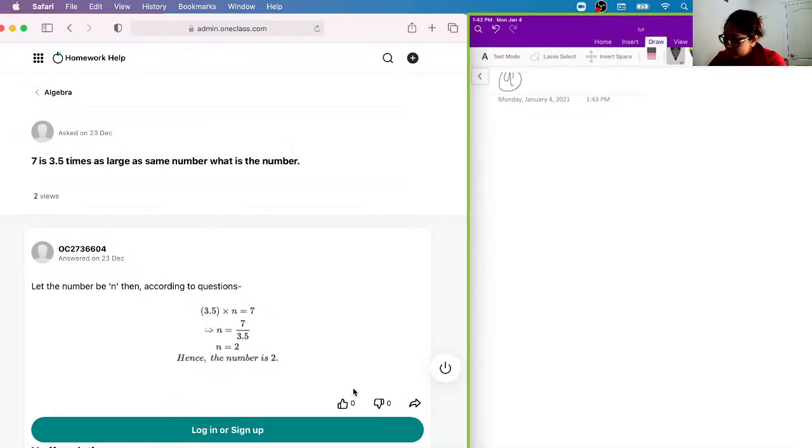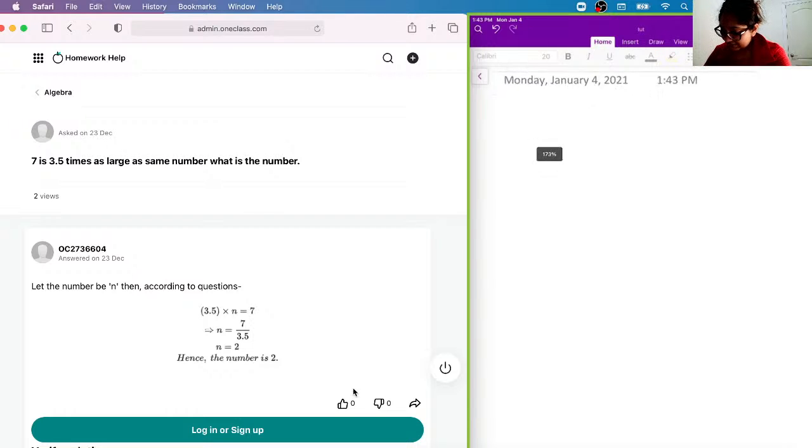So the next one says 7 is 3.5 times as large as the same number. What is the number? So when we're dealing with this type of question, we would basically set a variable to the number we're trying to figure out.